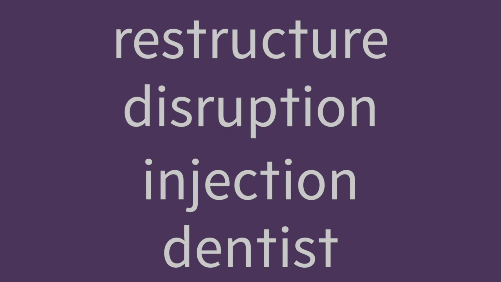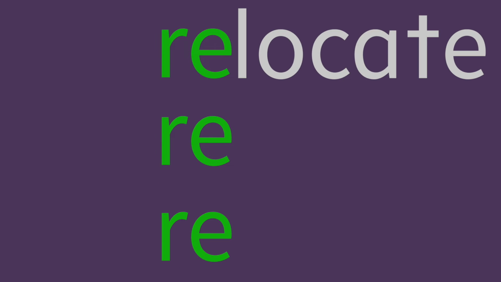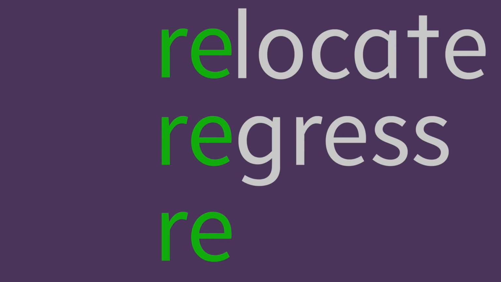Some Latin words have a prefix. Pre means before, so a prefix comes before the Latin root. Prefixes also carry meaning. Re means again or back, for example, relocate, regress, relapse.